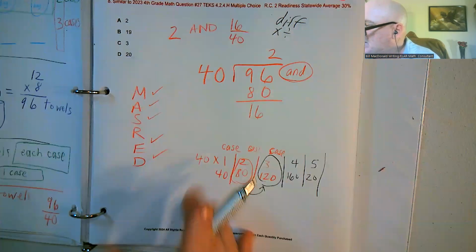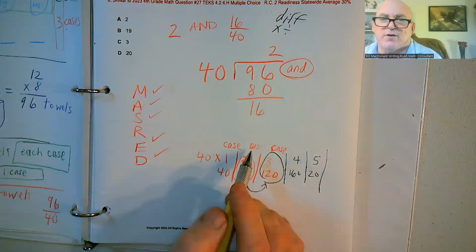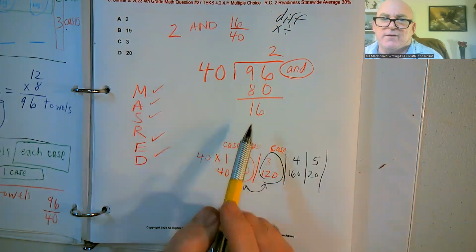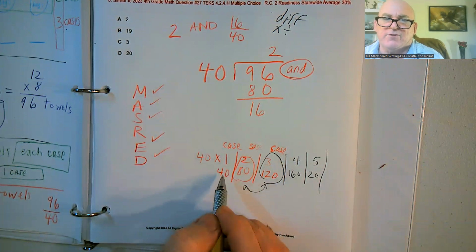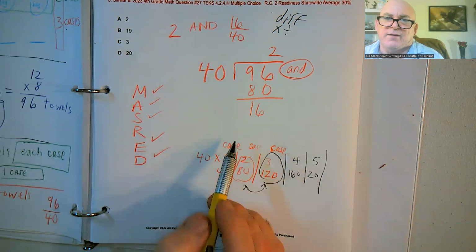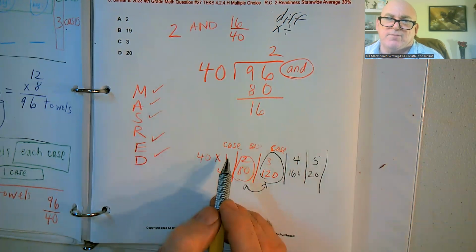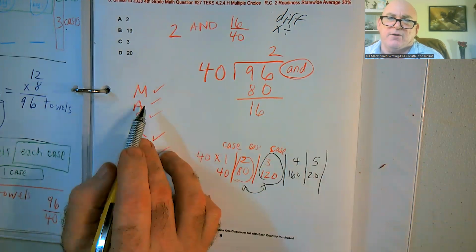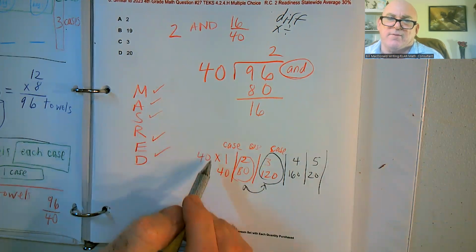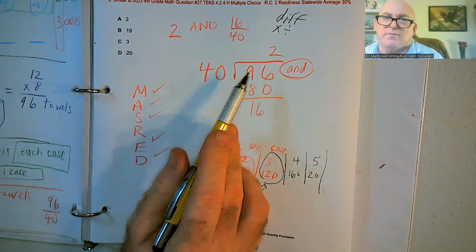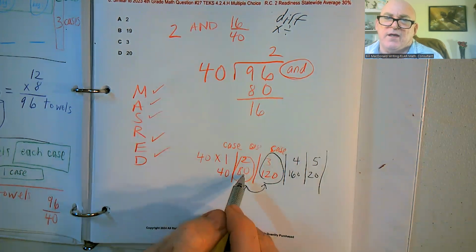So let me show you how the MOSRED works. You multiply times 1, and your answer is 40. We didn't get to 96 or higher yet. So what you multiply goes on top, and your answer, its product, goes on the bottom. 40 times 2 is 80.